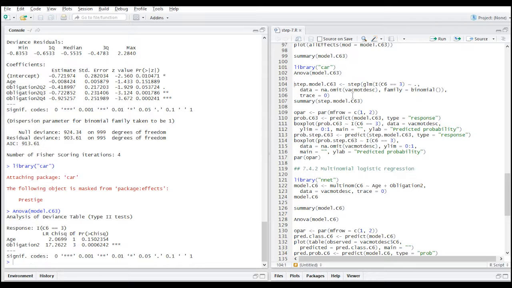This is implemented in R using the function step. First we fit a full model here. We are using a generalized linear model. That's our dependent variable till the dot, and the dot means use all variables contained in the data frame which are not on the left hand side.